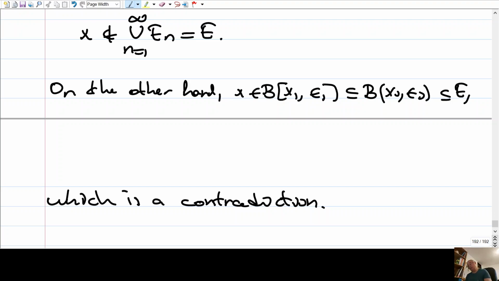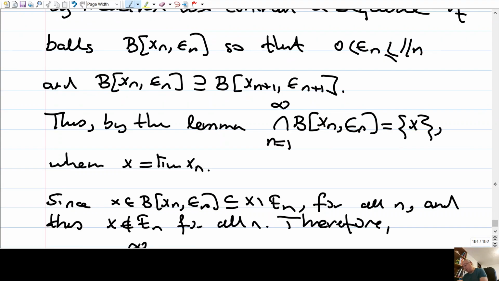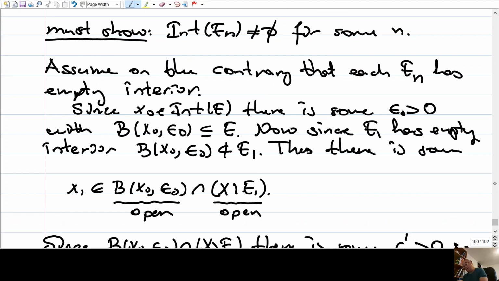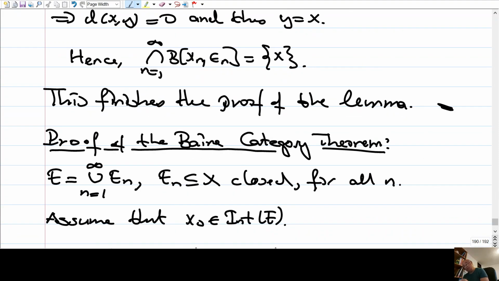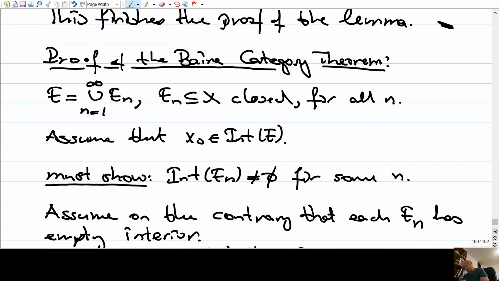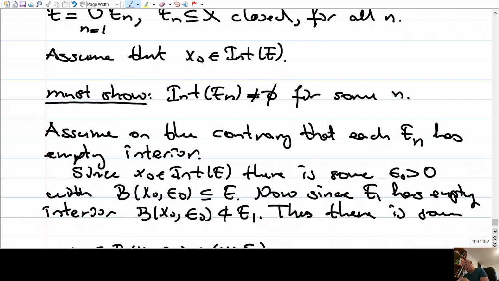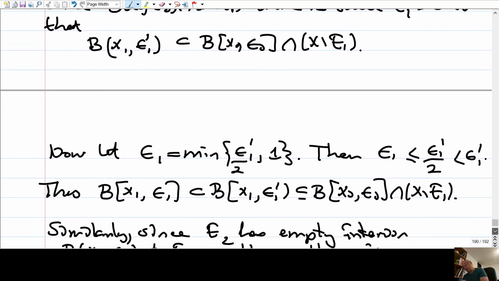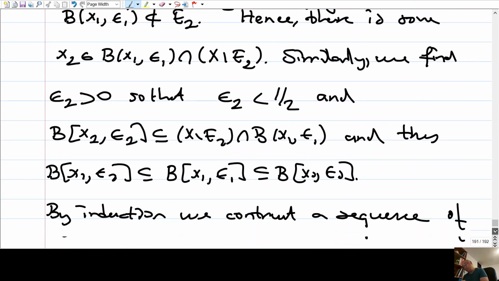Okay, what is the reason for the contradiction? We arrived at this contradiction because we assumed, on the contrary, that each En has empty interior, right? So that assumption is false.